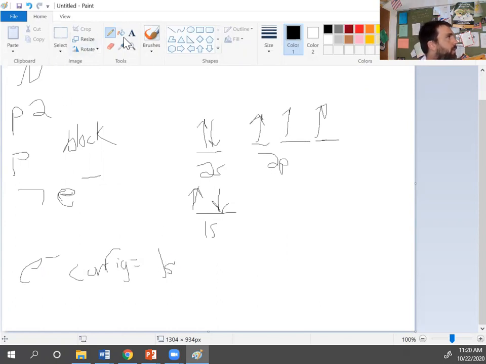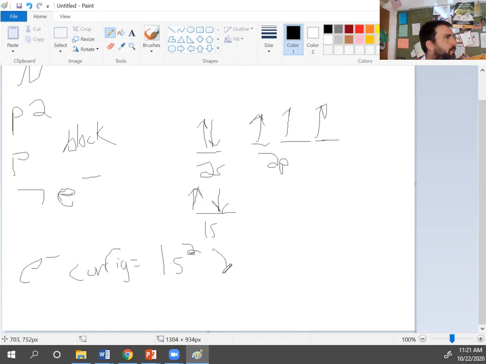Let me erase that and write it a little bit neater. 1s. How many electrons are in the 1s orbital? I have 2 electrons, so I'm going to write it like a square, but I read it as 1s2.